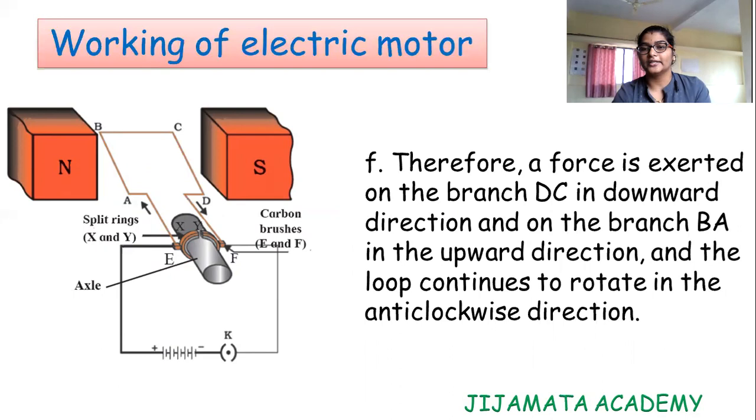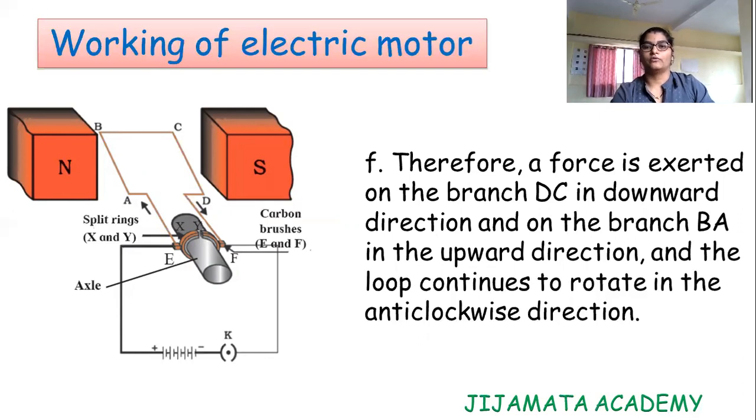As the direction of electric current is changed, DC will feel downward pull and AB will feel upward pull. And because of this continuous movement, this electric motor, that is this loop, starts to rotate in anti-clockwise direction. It continues to rotate in anti-clockwise direction.